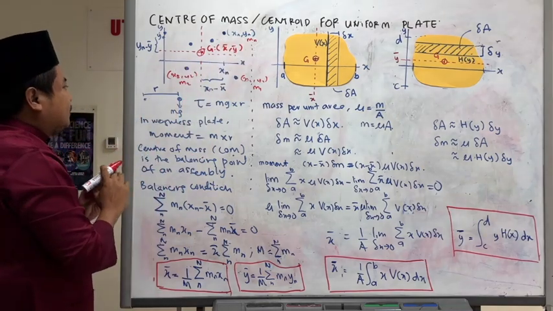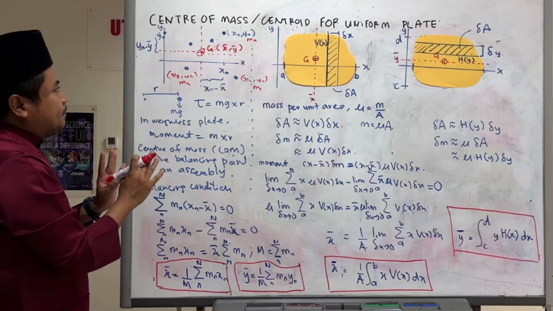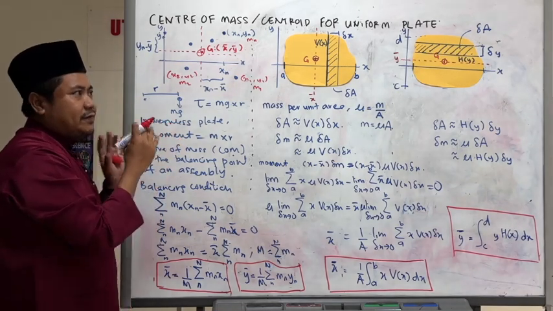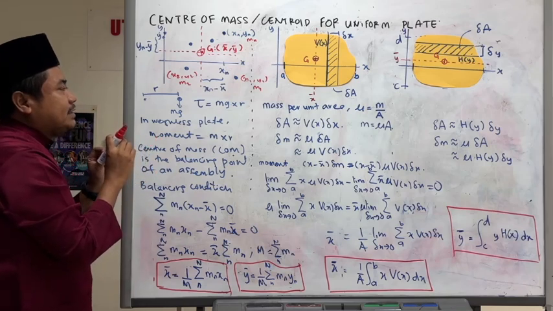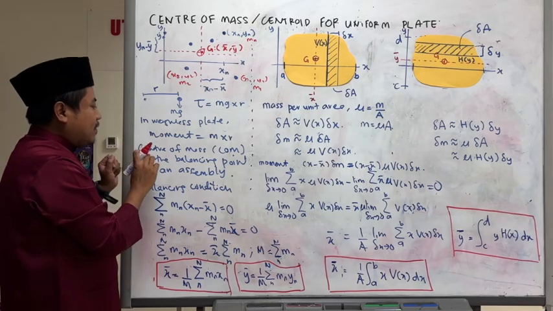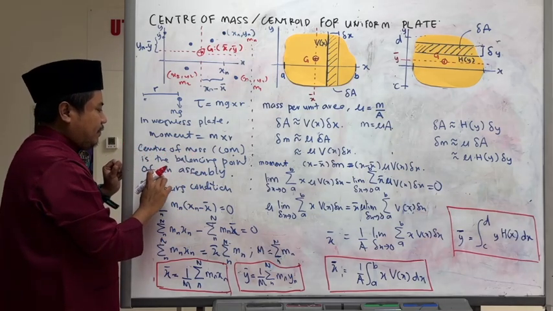In this system, consisting of several particles, there is a center of mass. That means the center of mass is the balancing point of an assembly.